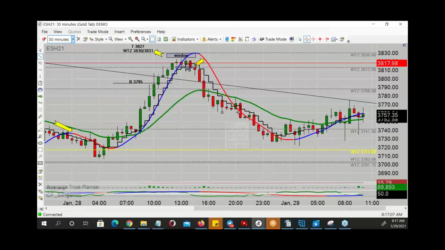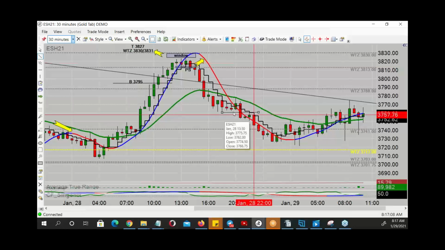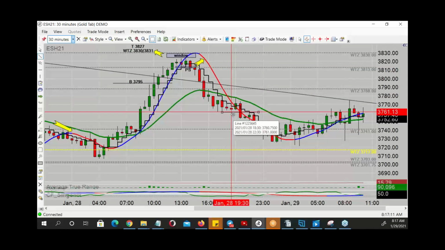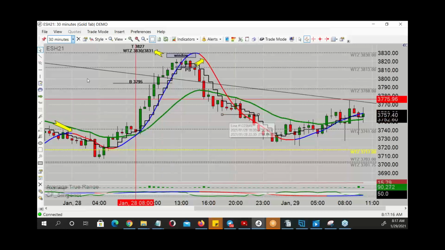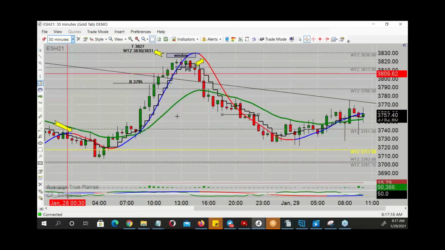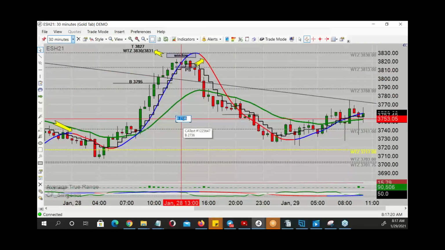So the entry for that trade was 37.58, which is right there. So the alert said to sell 37.58.